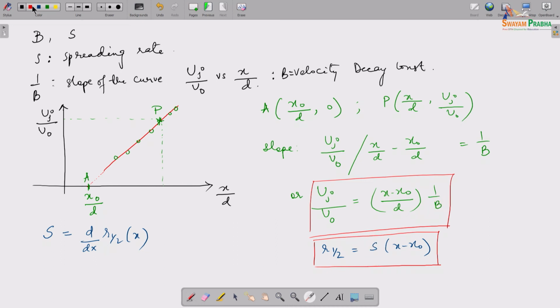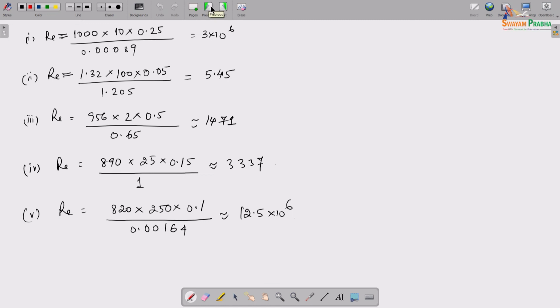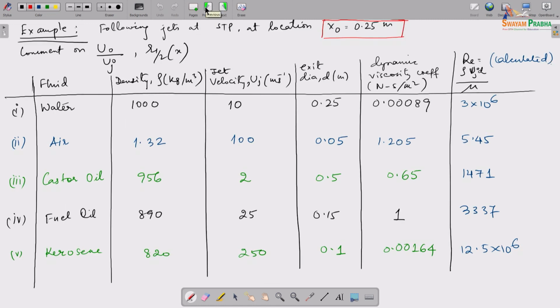We also reiterated earlier that both b and s are independent of Reynolds number. So when you go back and see the different Reynolds numbers, it does not matter, because that b and s is still going to be the same.